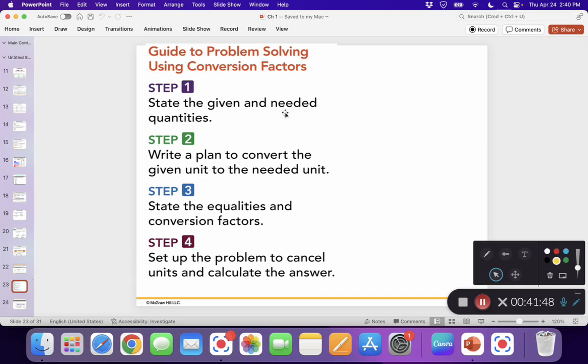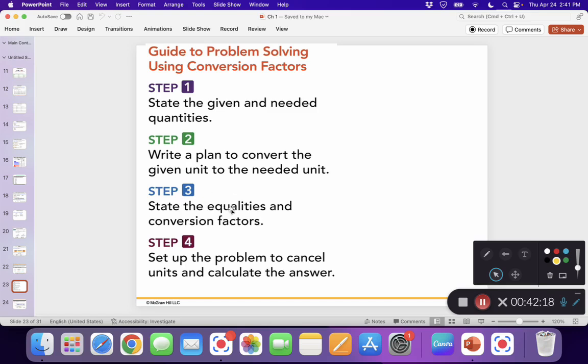Okay, in order to work on this, there are certain steps that we took. So let's review that. Whenever we have to work with problem solving using the conversion factor, the very first thing is you have to analyze what is given. You have to find out what is needed, or what we have to find out. Then make a plan, right? A mental plan, how to convert from one unit to another. You have to write the equalities.